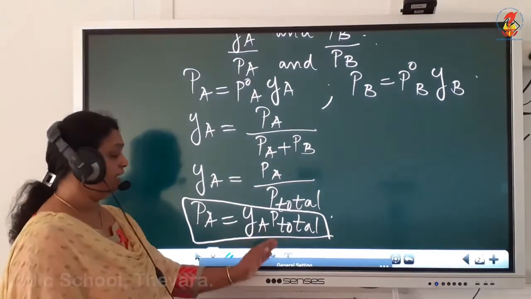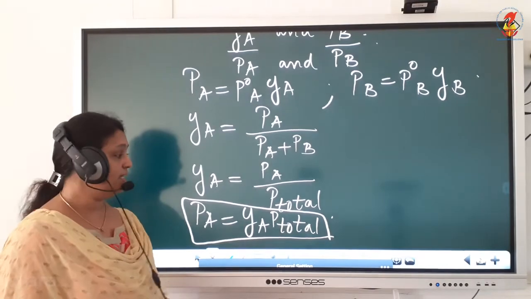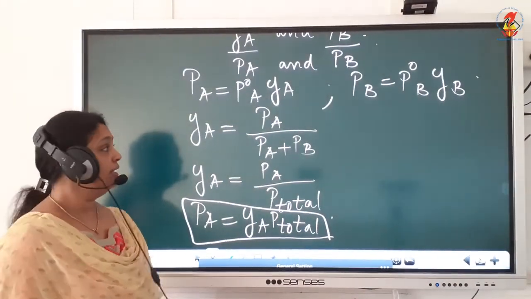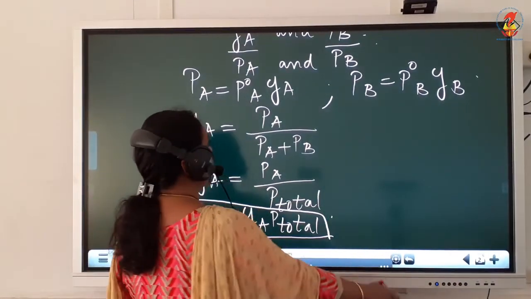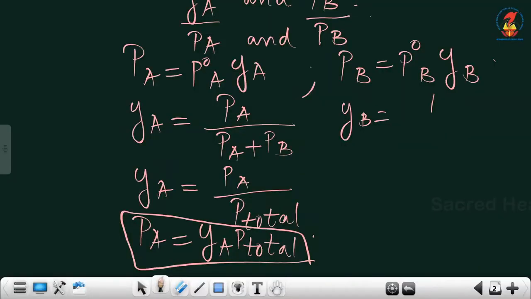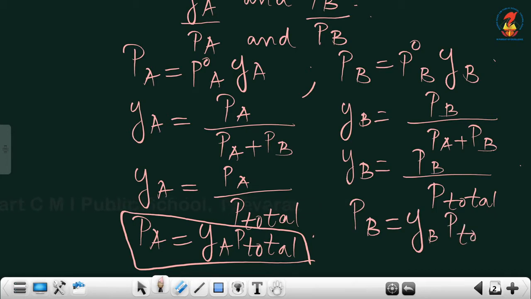You can use this expression to find the partial pressure of solvent A in vapor state, that is YA into P total. YA is the mole fraction of solvent in vapor state and P total is the total vapor pressure of the solution. In the same way we can get an expression for PB also. YB is equal to PB divided by PA plus PB, or YB is equal to PB divided by P total, or PB is equal to YB into P total.